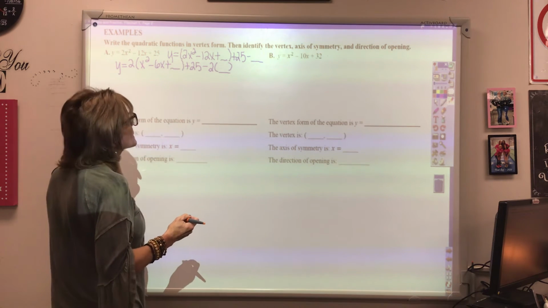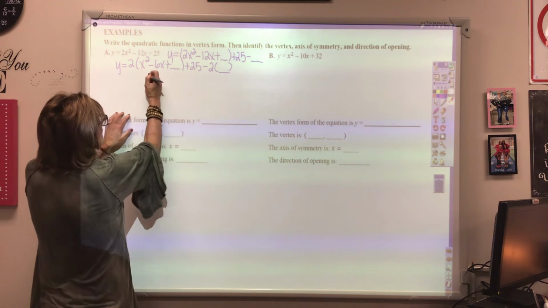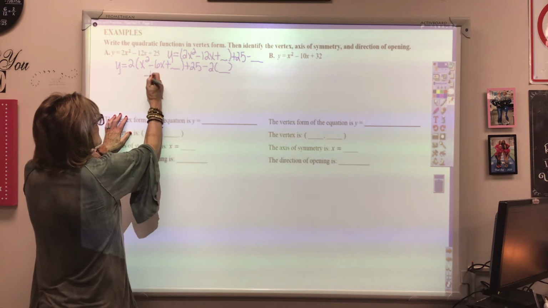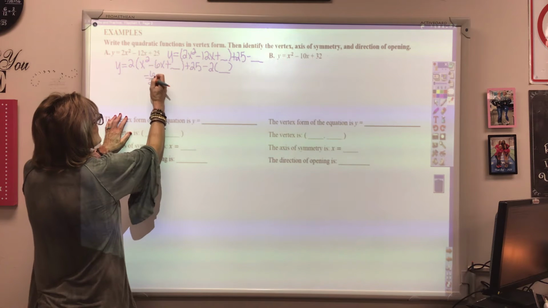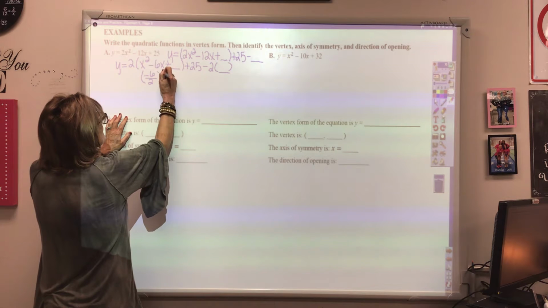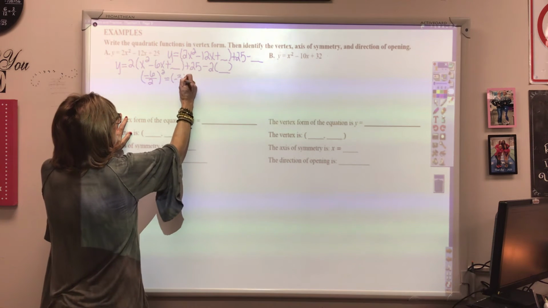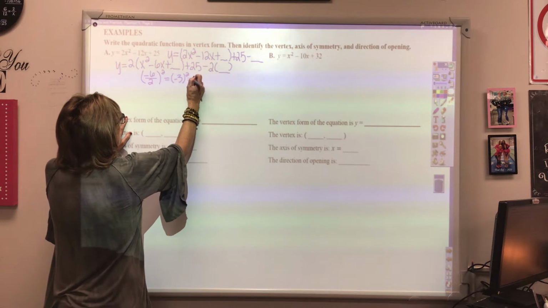To figure out what goes in the blanks, we take the negative 6, we halve it, and we square it. So that would equal negative 3 squared, which is 9.